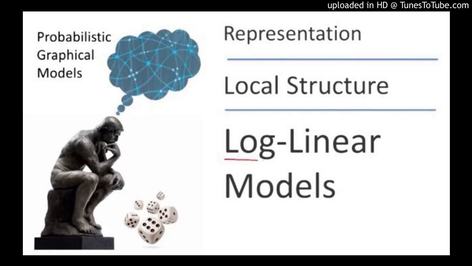And that feature says, for example, the indicator function for yi equals person, and xi is capitalized. And so that feature doesn't look at the individual words, it just looks at whether that word is capitalized.